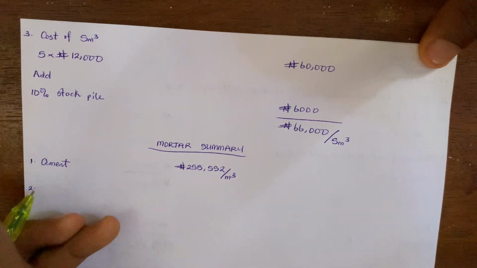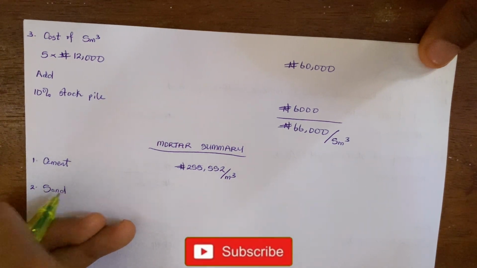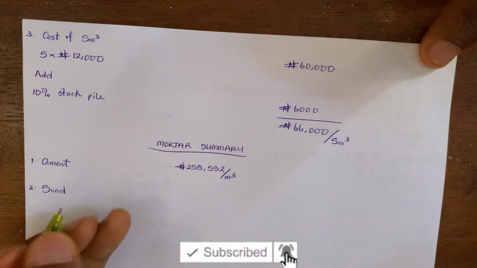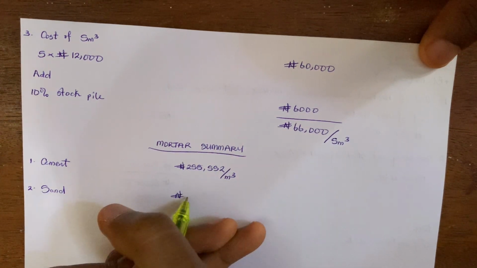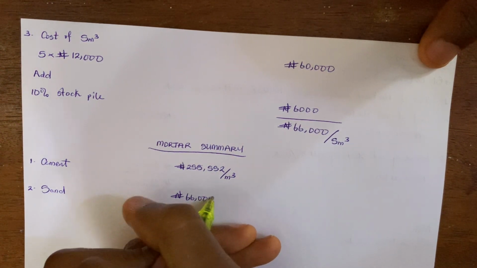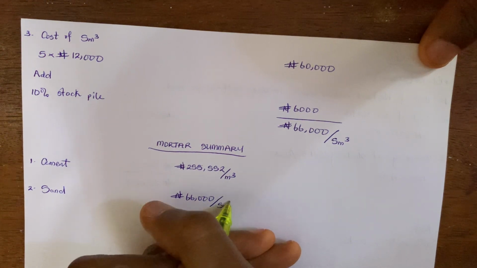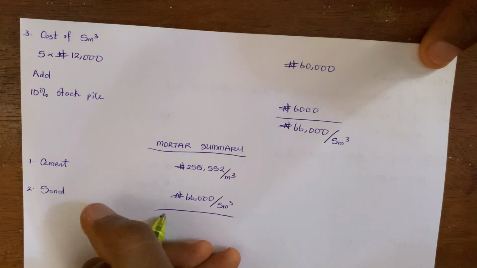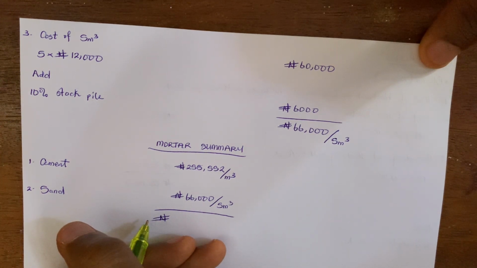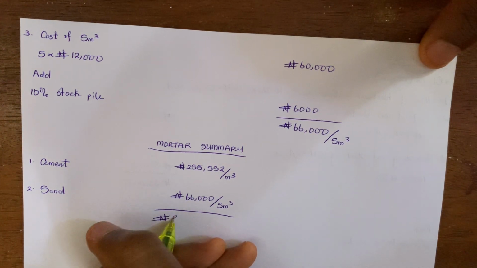And then the second material is sand. And what did we build our rate at? 66,000 for 5 meter cube. So when we add the two of them together, what are we going to be having? We're going to be having 324,552 naira.